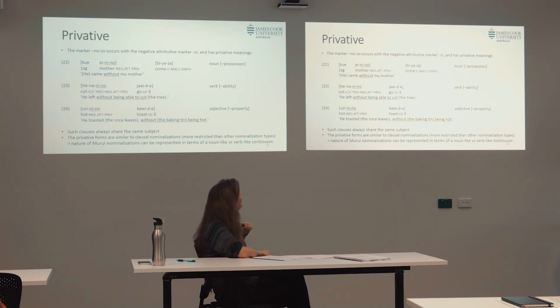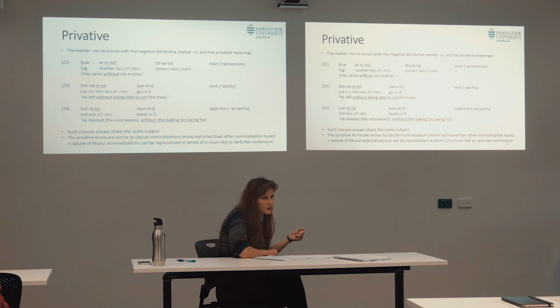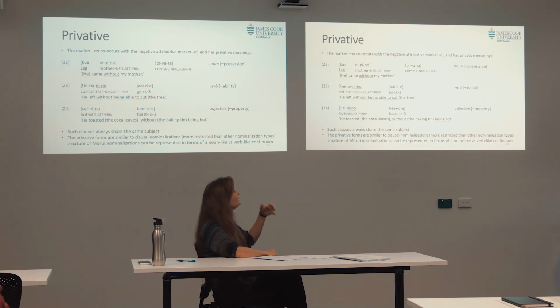Te nani no haide, he left without being able to cut the tree. And in 24 you have an adjective which is marked with this negative attributive marker for the lack of property. Ufini no beide, he toasted the coca leaves without the baking tin being hot, literally meaning without the baking tin having the property of being hot.